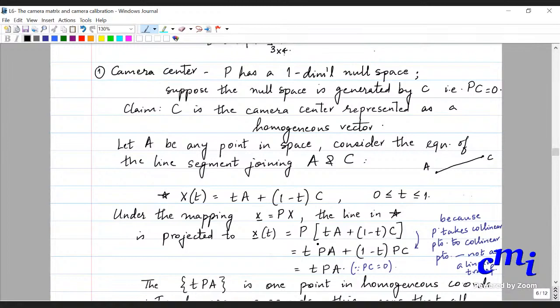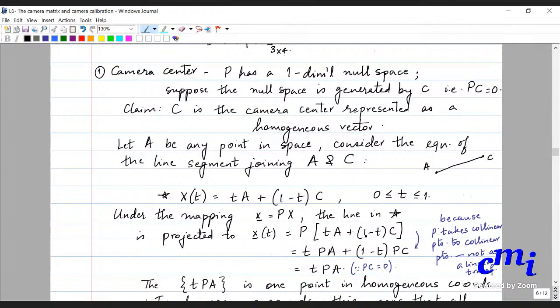Now remember that we said this P is not a linear map. It is just a projective transformation, so it is not linear. However, any projective transformation takes collinear points to collinear points, that's the definition.